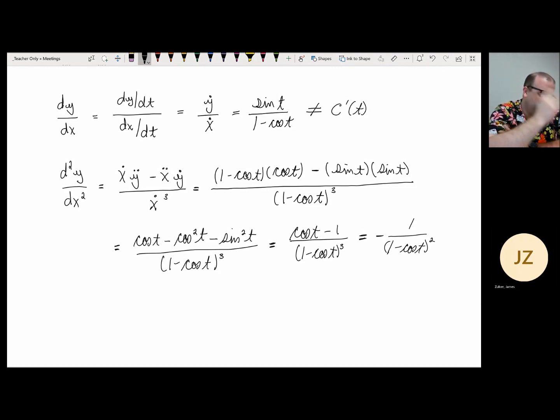So, interestingly, the whole point of finding dy/dx, right, would be to find slope of a tangent line at a point. C prime of t does the same thing, with some extra steps. You have to find the equation of the tangent line first using C prime, and then you can get slope from that.